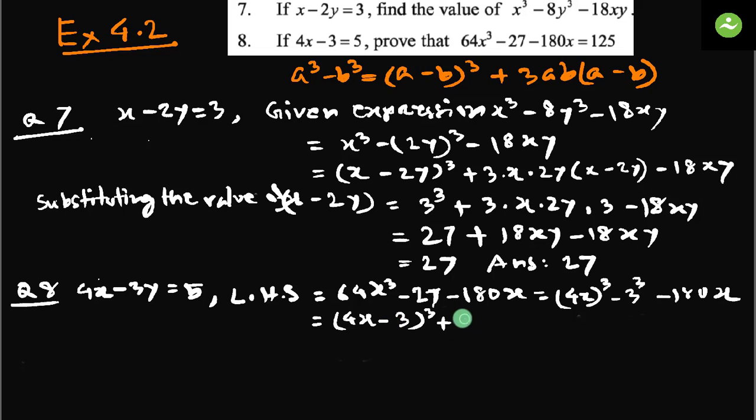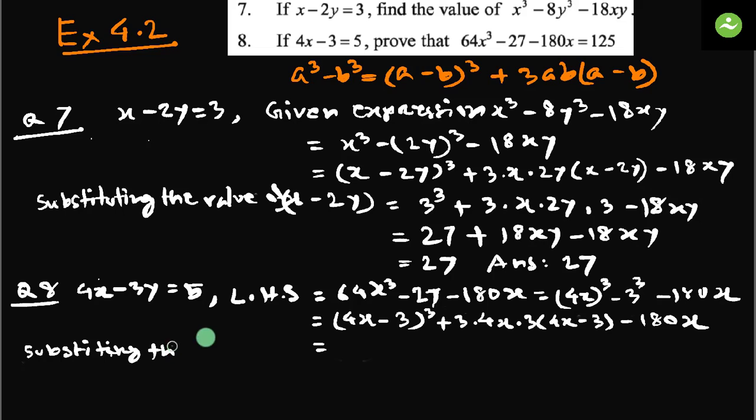plus 3ab means 3 into 4x into 3 into a minus b, which is 4x minus 3, plus 3ab, and there was another element, minus 180x equals, substituting 4x minus 3y.